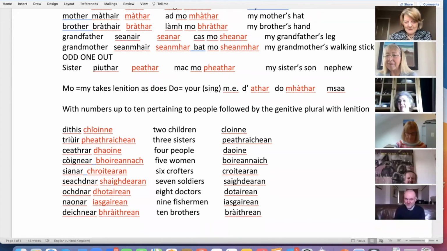So the genitive of clann, children, is chloinne. So dithis chloinne, tha dithis chloinne agam, I have 2 children. I have 3 sisters. Peathraichean is the plural, sisters. You have to say tha triùir and then lenite it and say triùir pheathraichean.